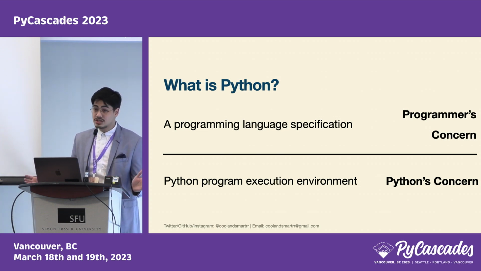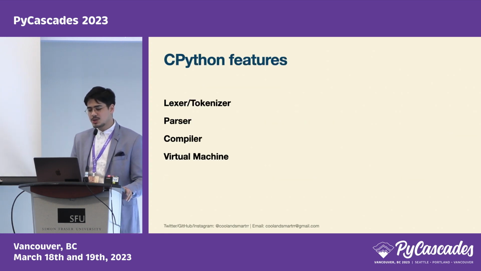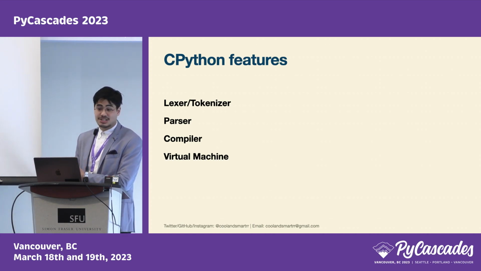What Python is concerned about is how we make sure we get the input, the source code, and turn that into something that the virtual machine can run. So in CPython, there are several features to take the source code and make it runnable on a computer. There's a lexer tokenizer, there's a parser, there's a compiler, and then there's a virtual machine.